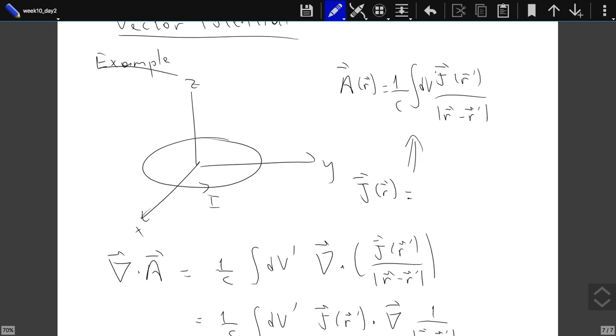Let me use the spherical coordinates to write the J vector. So what is J? It's in the phi hat direction. Let me also call the direction to be phi hat. Well, it is only nonzero when r is equal to capital R.